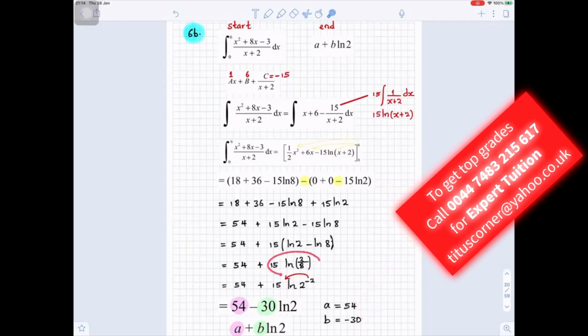Important part, this part here: ln of 2 over 8 is ln of 1 over 4, which is the same as ln of 1 over 2 squared, because 2 times 2 is 4. And 1 over 2 squared is the same as 2 to the minus 2, so ln of 2 to the minus 2. The minus 2 comes in front, and multiplied with the 15 gives minus 30.